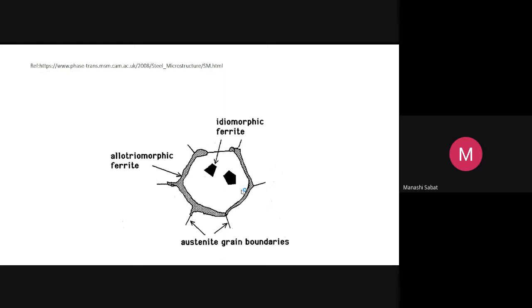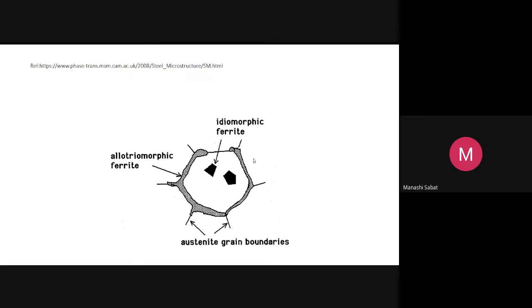Prior austenite grain boundary. Do you remember that? Why is it called prior austenite grain boundary? Because earlier the initial phase is austenite, right? Only grains of austenite are present. Those grain boundaries are austenite grain boundaries.